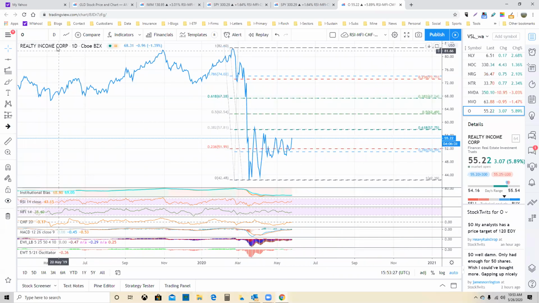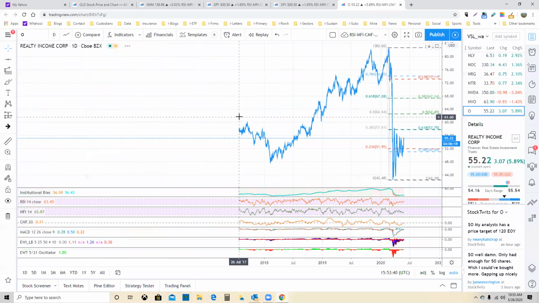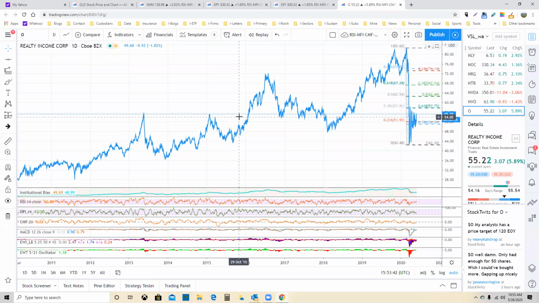If you believe in Realty Income's business model, then 52-ish is a spot to buy. If you're not so sure, then you have to ask yourself the question, can it go below here? Right? It's been there before. Not that long ago. Right?